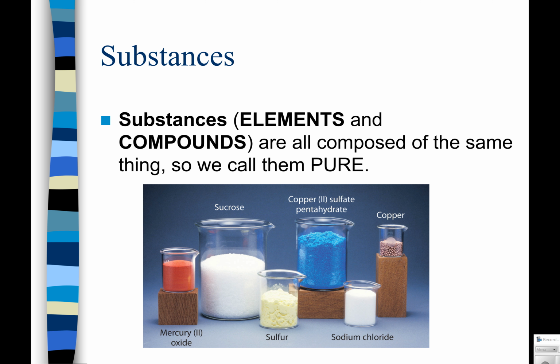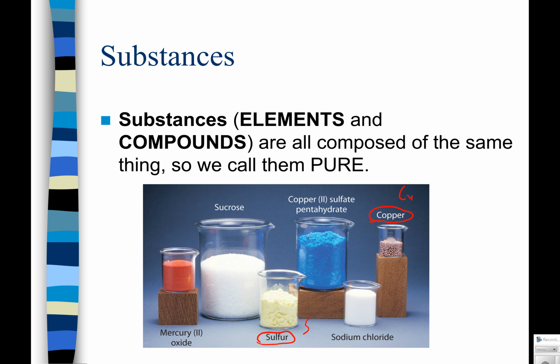Now in the picture here we have examples of both elements and compounds. Elements are anything that we can find on the periodic table. And those are the only two elements that we have in the picture here, copper and sulfur. We can find their symbols and other information on the periodic table of the elements.